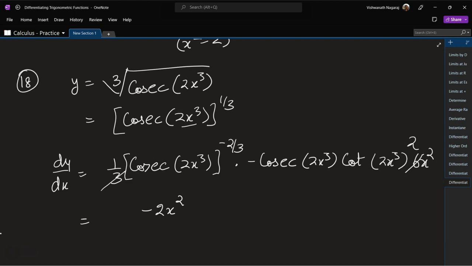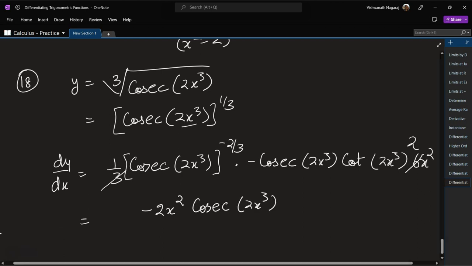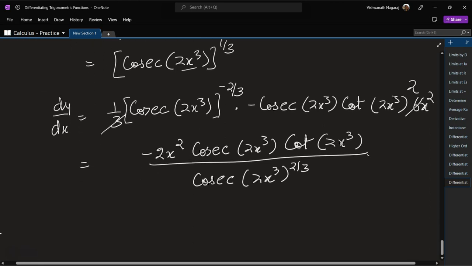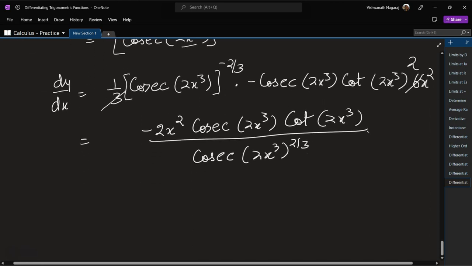Here no exponents are negative. So let's write that. Cosec 2x cube cot 2x cube divided by cosec 2x cube to the power of 2 by 3. Now, actually, if we had thought a little bit, we could have done the simplification in the previous step itself.